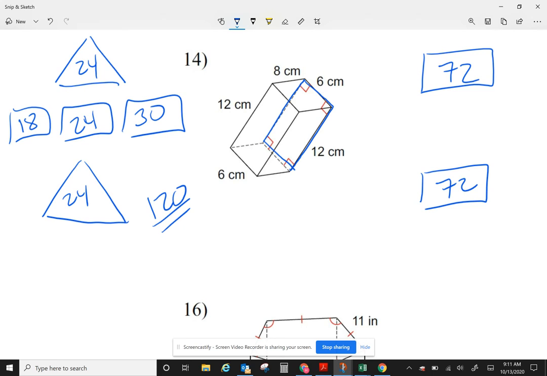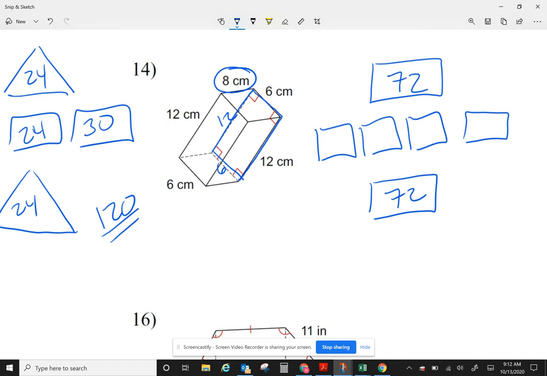Let me identify the measurement of each of my sides. There's a 12 and there's a 6. Let me identify the number that has nothing to do with the bases. In this case, 8. There's 4 sides on my base, so there's going to be 4 walls.